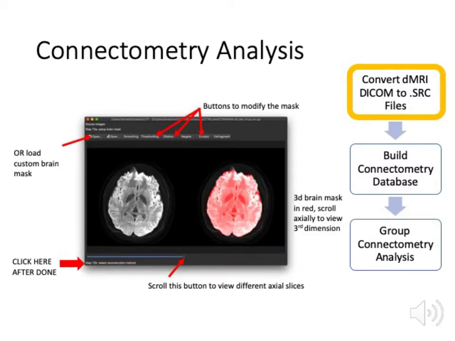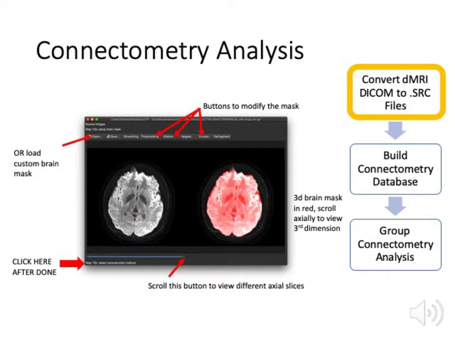This will bring you to an individual window which shows you first the brain mask, that is this red highlighted region, which is used to only segment out the soft tissue. You may use this button to scroll through the axial sections of the brain and play with these 3 buttons of threshold, dilation, and erosion to get the best possible mask for the whole brain that you want to use for each individual subject.